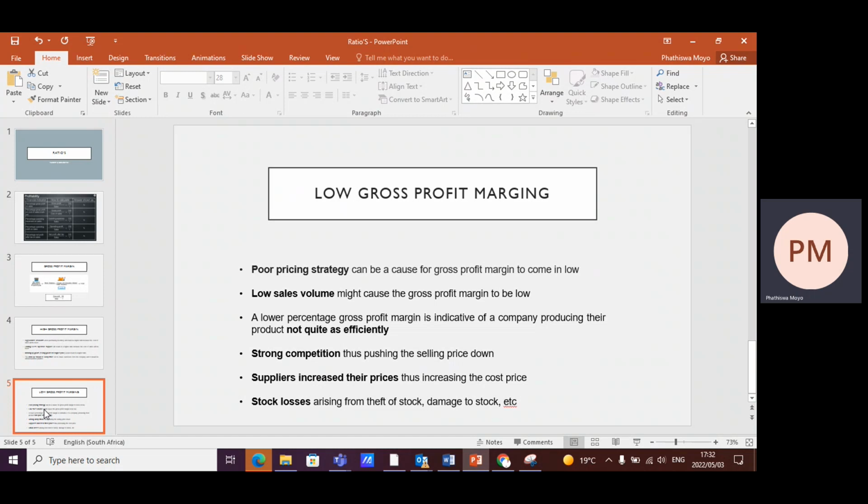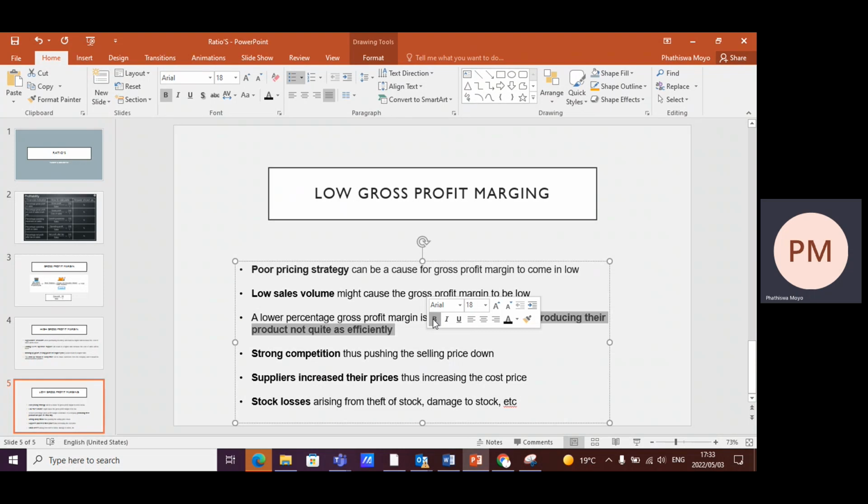Low sales volume, not selling as much as anticipated. Also, the company not producing their products efficiently. Sometimes the machines they use to produce the product might be old, so they consume more electricity. They need more fixing, and they produce less.